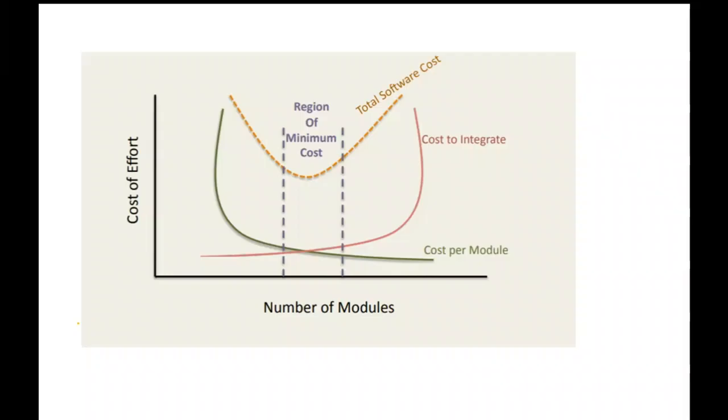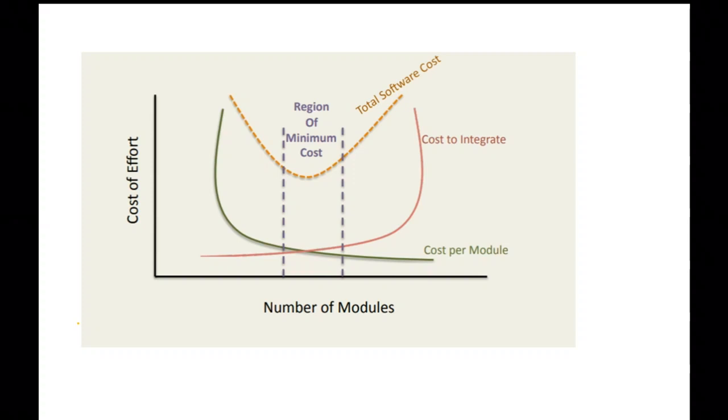I would like to show you one chart about modularity, that how the number of modules can make an impact on the cost of the software. And I hope you know from the client's view that cost is one of the major factors in software building.